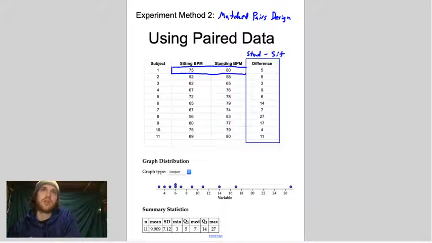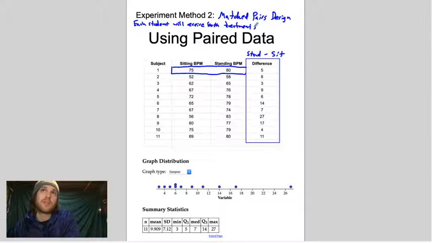So each student will receive both treatments, both standing and sitting.